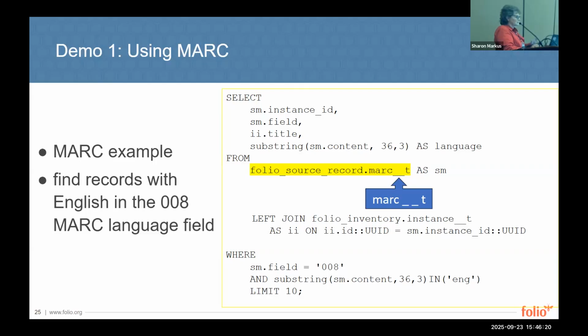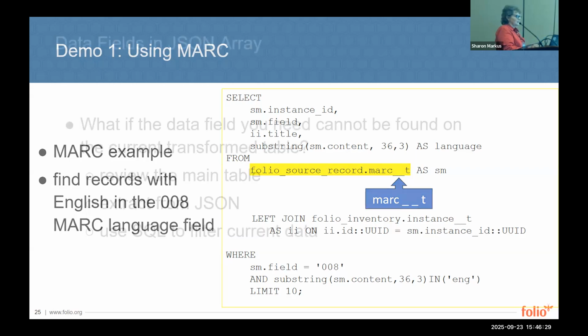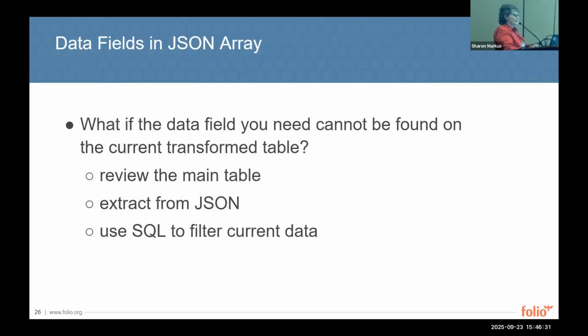This is going to find records with English in the 008 MARC language field. So feel free to try these at home. We don't have time for demos, but that's an example of how you would use MARC. And that is used extensively across many libraries and essential for filtering down to the data that's needed.